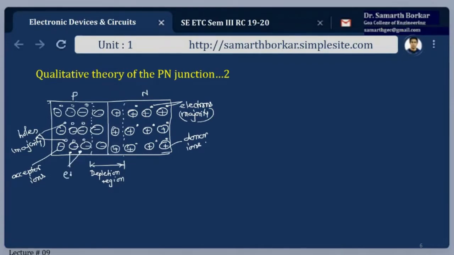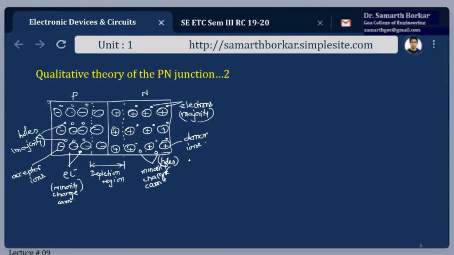Now here electrons are minority charge carriers, and here likewise we can show one or two holes, which are minority charge carriers. These are holes. A simple concept.